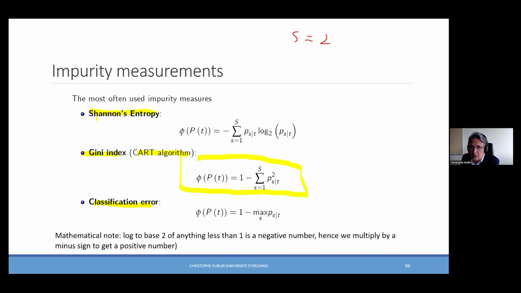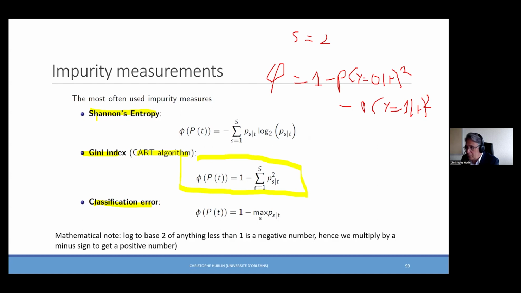Then phi is equal to 1 minus the probability that y is equal to 0 at node t squared, minus the probability that y is equal to 1 at node t squared.